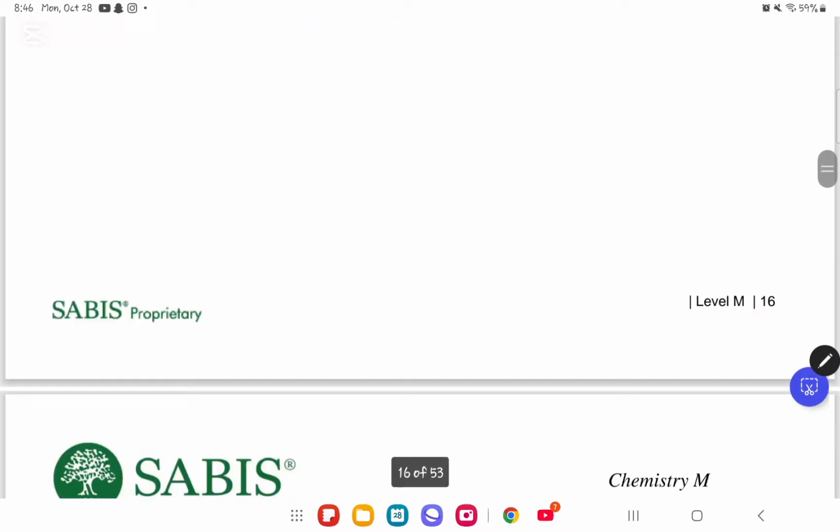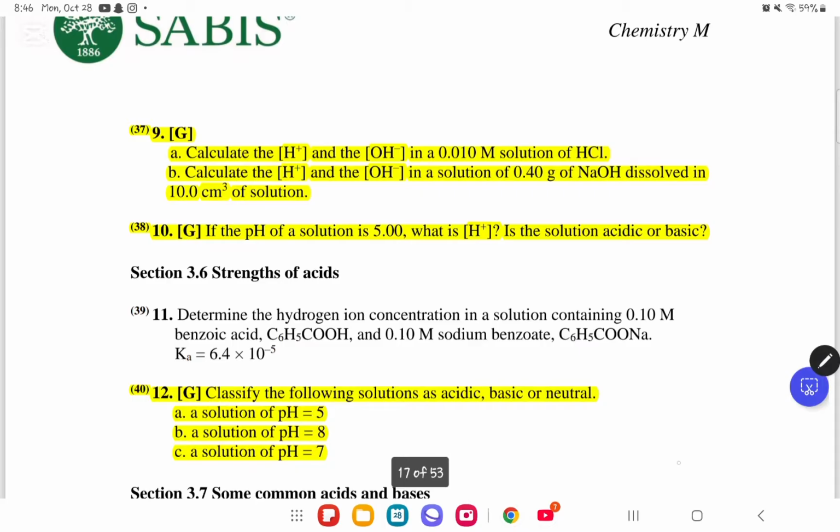We don't have 7, we don't have 8, but we have 9. They told us to calculate the concentration of H plus and OH minus in a 0.01 molarity solution of HCl. HCl releases H plus ions, so we have 0.01 molarity. This is already the concentration of H plus ions.